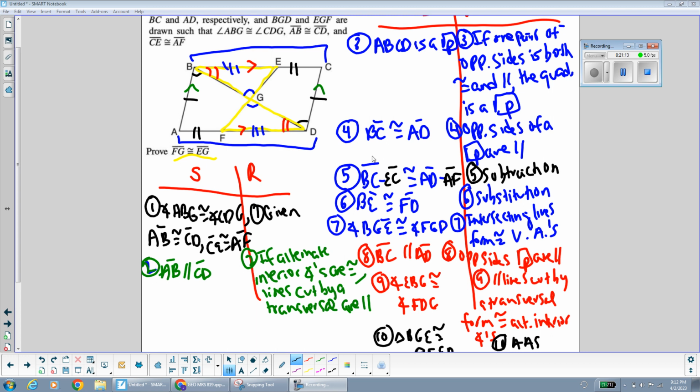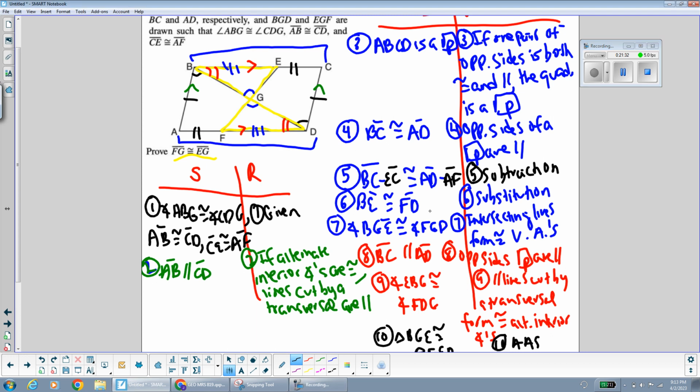Remember, as long as you start with congruent and subtract congruent, your differences will be congruent. BC minus EC is BE through substitution. AD minus AF is FD. So we're replacing this with what it actually is. That's substitution. So that gives me my first S.